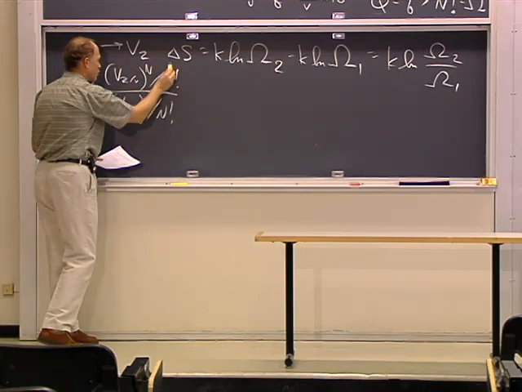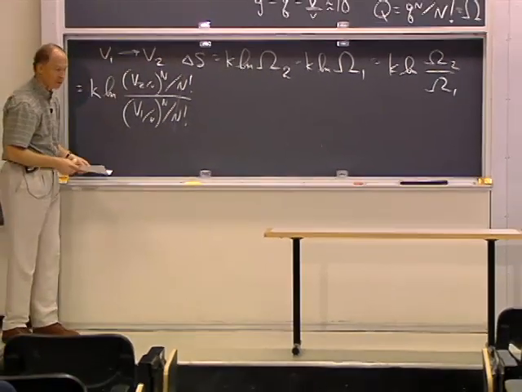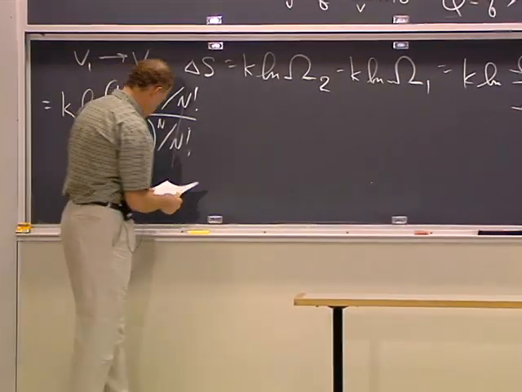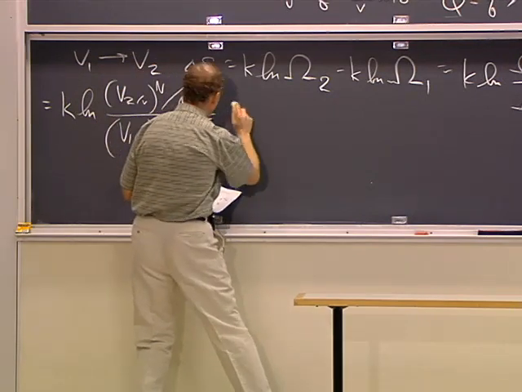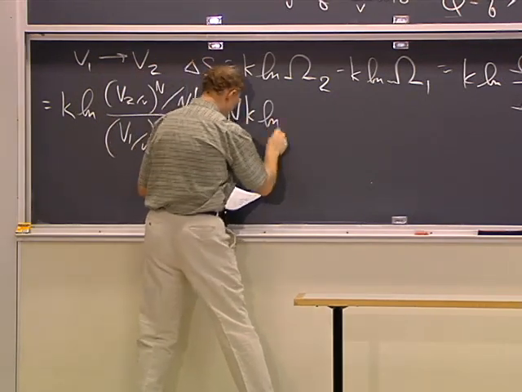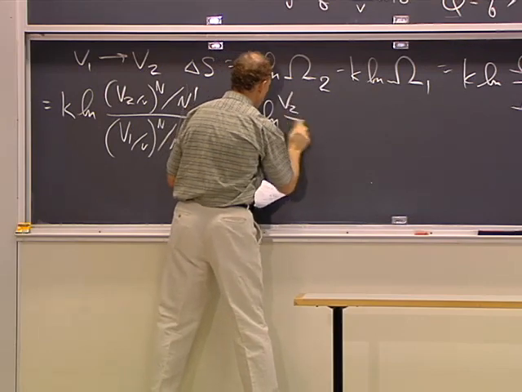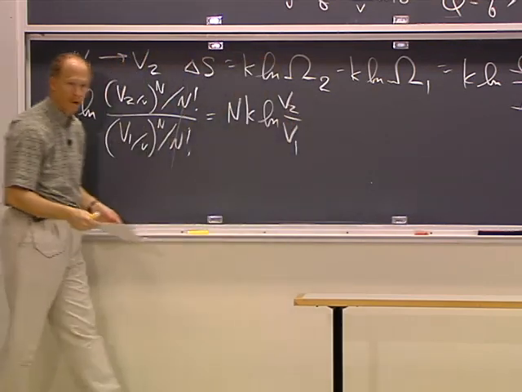This is going to turn out to be a relatively simple case because the factorials are going to cancel. So then we just have N k log V2 over V1.